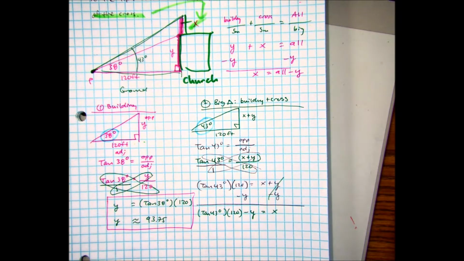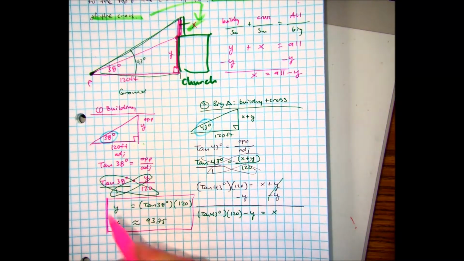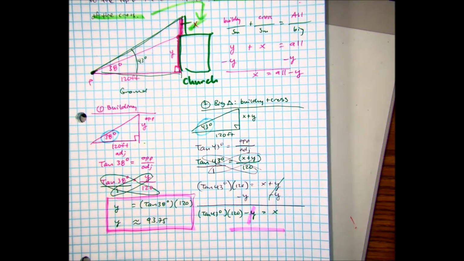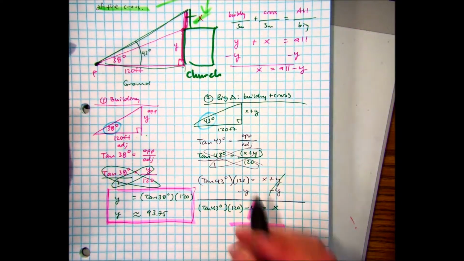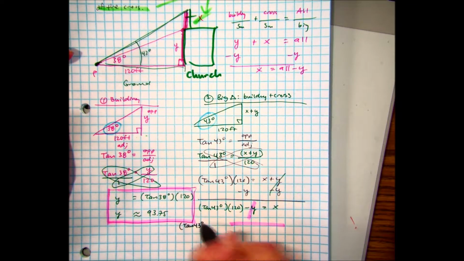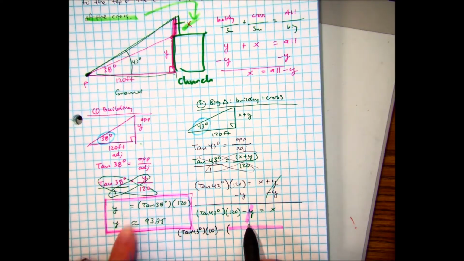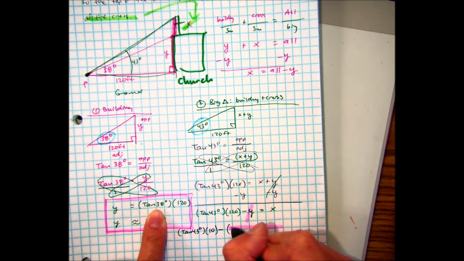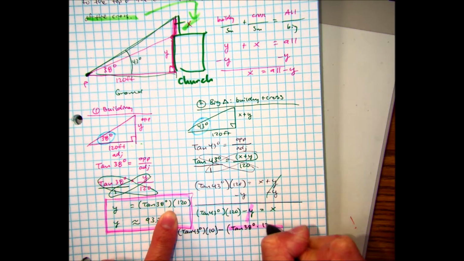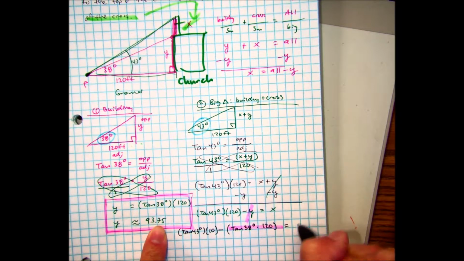Now I can do substitution for y. All of that. So we are basically doing a system of equations. So I have tangent of 43 times 120 minus, now the y variable, you could put all of that in, tangent of 38 times 120, and all of that's going to equal x.